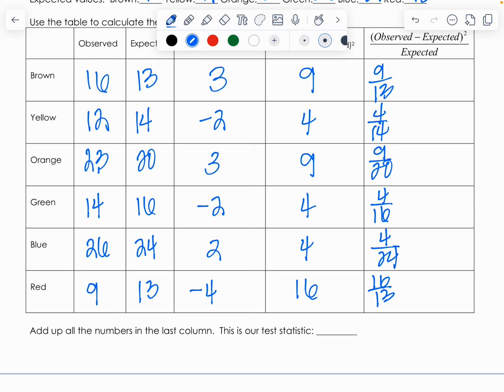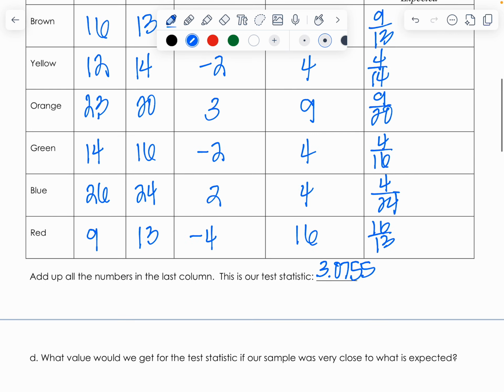So 20, 4 over 16, 4 over 24, and 16 over 13. So we get, this is where we are going to round, 0.755 if I go out 4 decimal places.